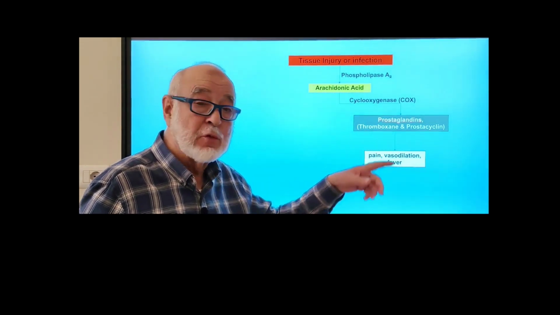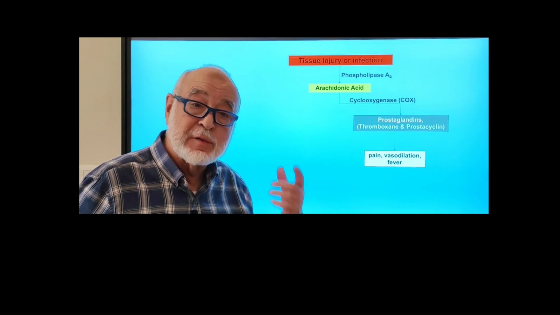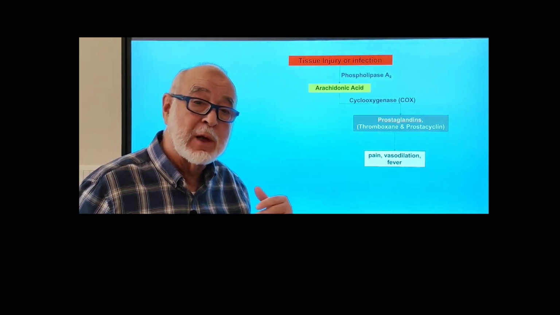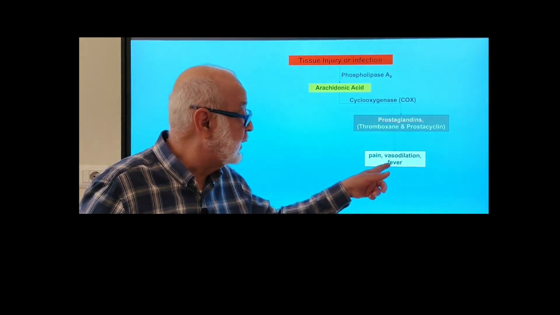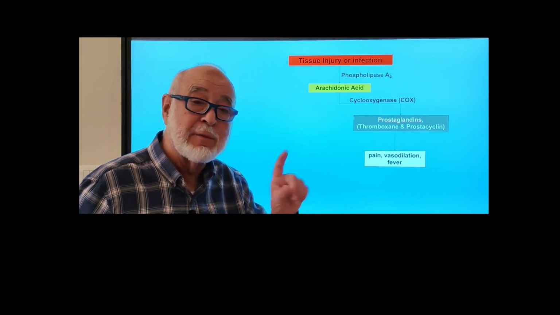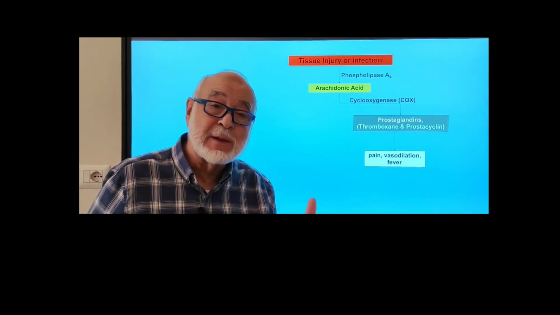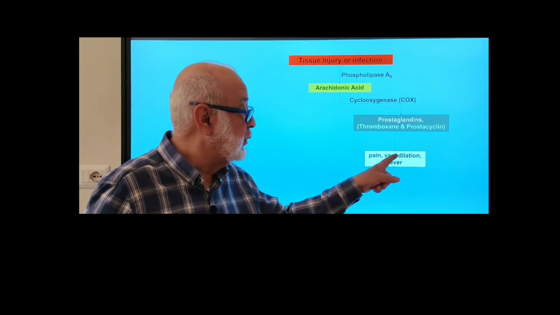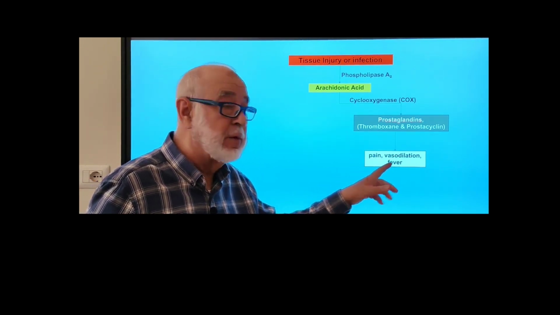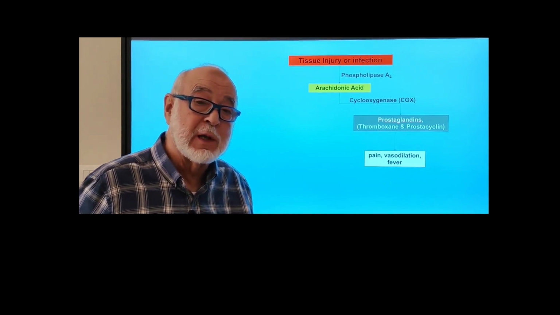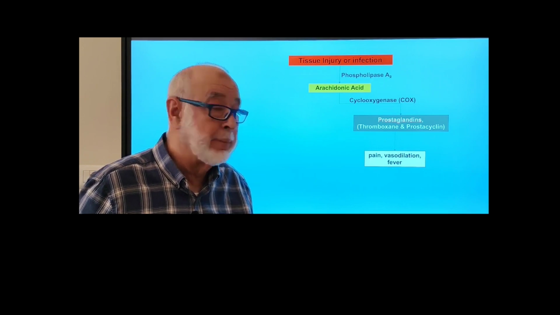Also, prostaglandins, when they are sensitized in the hypothalamus, they increase the threshold of the hypothalamus, and this will result in fever. The prostaglandins are the first inflammatory mediators. They produce pain, produce vasodilatation, and they produce fever, among other actions that we will discuss in detail inshallah next lecture, okay?